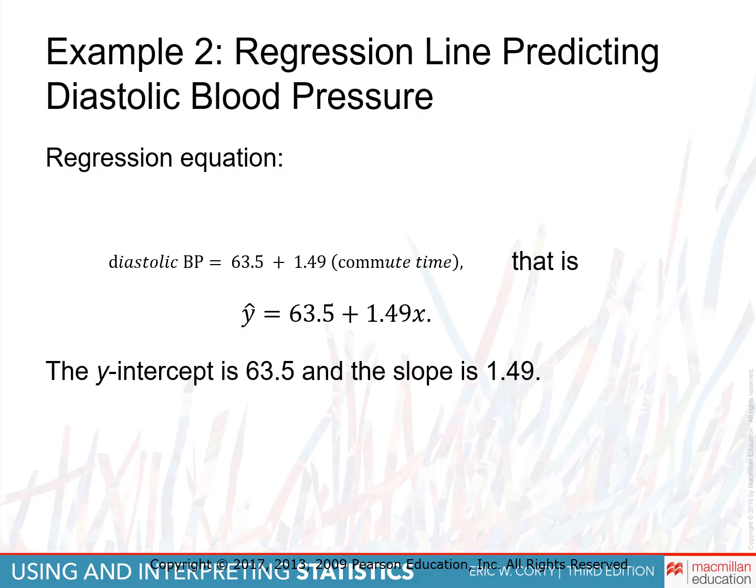So another way to write this would be to say that y prime is equal to 63.5, which is our y-intercept, plus 1.49x, where 1.49 is our slope. You can always remember the difference between the y-intercept and the slope because the slope is always going to be multiplied by x. So the slope always goes with the value of x in your regression equation.